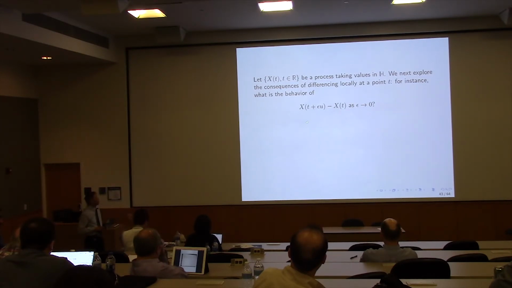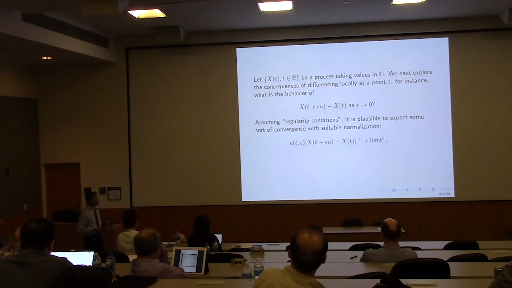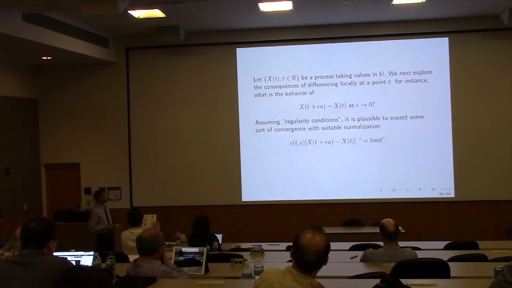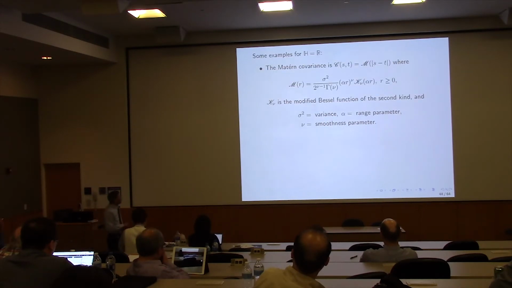Suppose X has continuous sample paths, you'd say this will go to 0. But if we blow things up by multiplying by a suitable normalizing constant, it can go to a limit. So this is very much like what we do when we take derivatives.